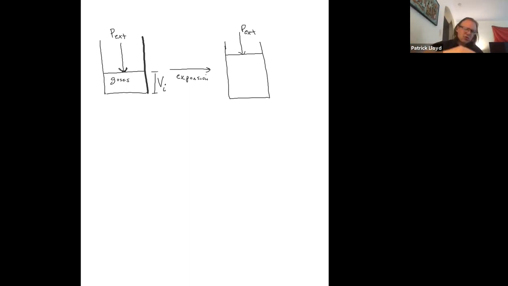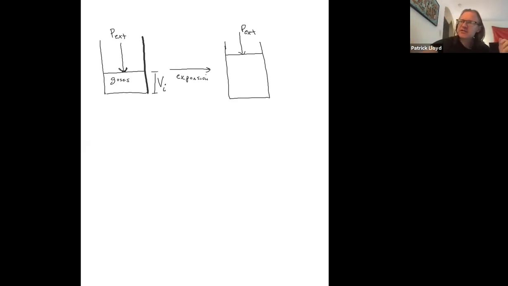They're pushing against a force that's pushing down, and that takes energy to do that. It turns out that if there's no atmosphere above the piston, expansion will just happen and there's no energy change associated with that. But if it's pushing against a weight or an external pressure, that takes energy to do that.